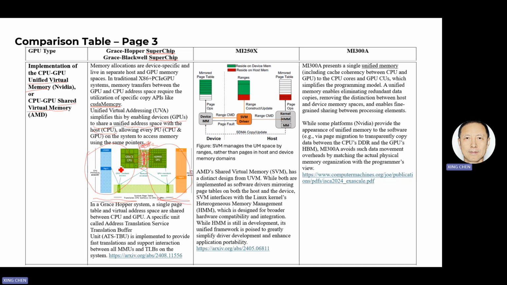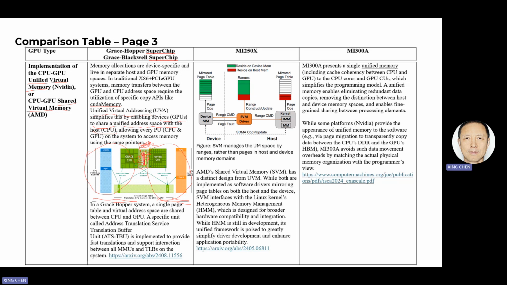So here, exactly this is the picture which shows what has happened: with all this support from all these hardware mechanisms, right now the unified virtual addressing is easier to deploy and is supported by Nvidia GraceHopper and Grace Blackwell.